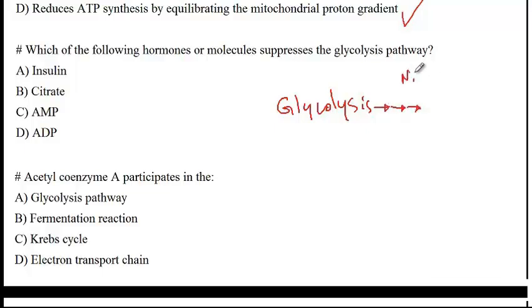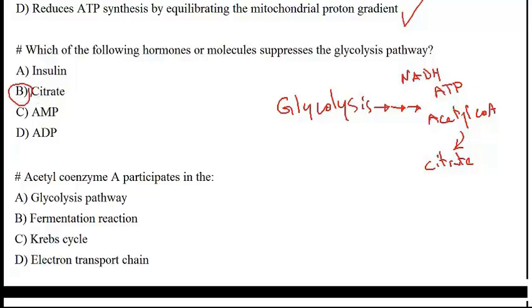It would generate NADH, it would generate ATP, and then later on acetyl coenzyme A will be produced from pyruvic acid, and then it would increase the citrate production through the tricarboxylic acid cycle. So any of the products of glycolysis would suppress its pathway. So right away you can see that choice B is the correct answer.